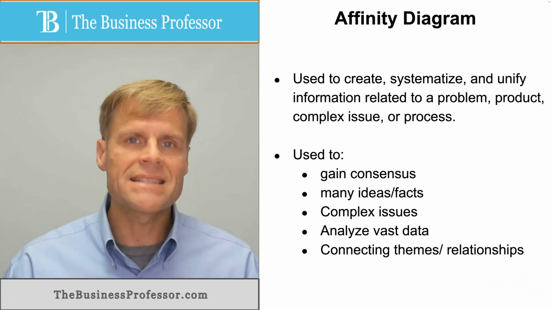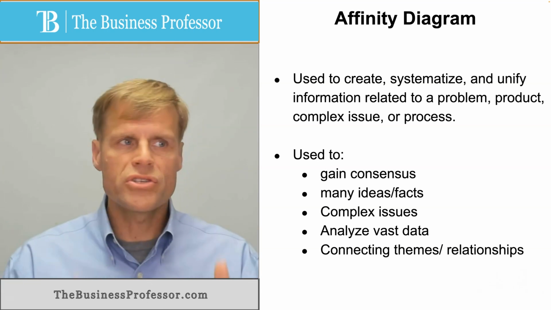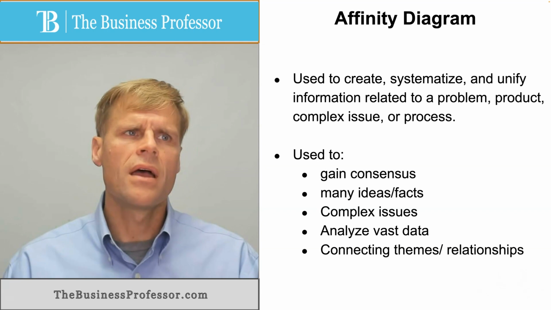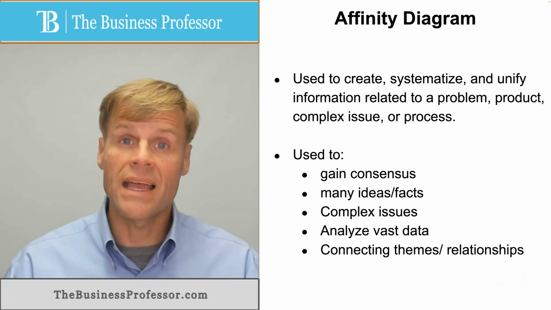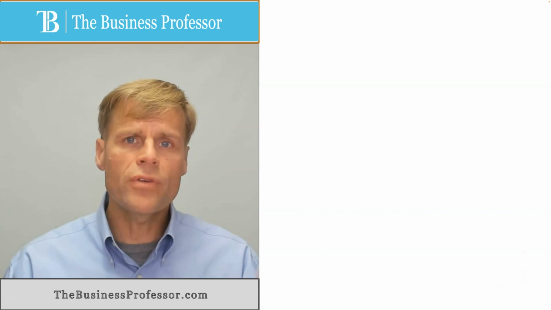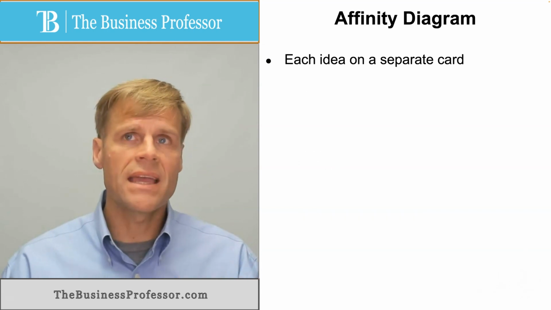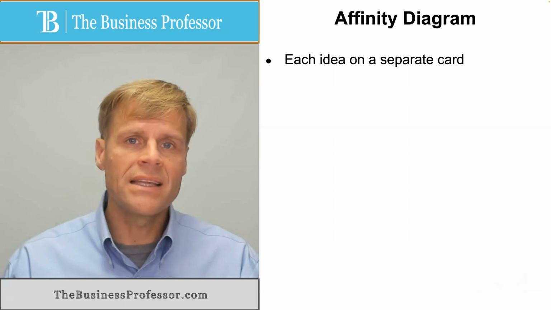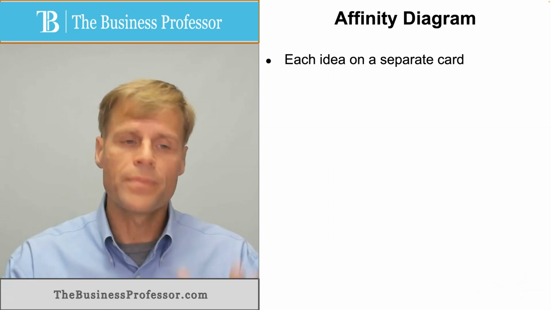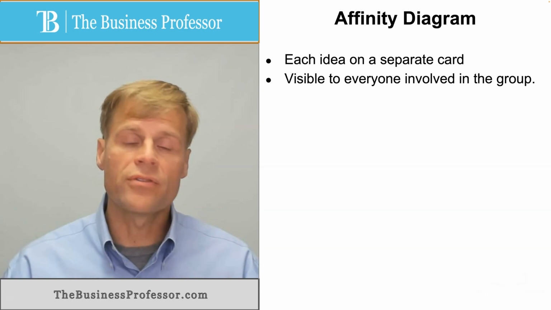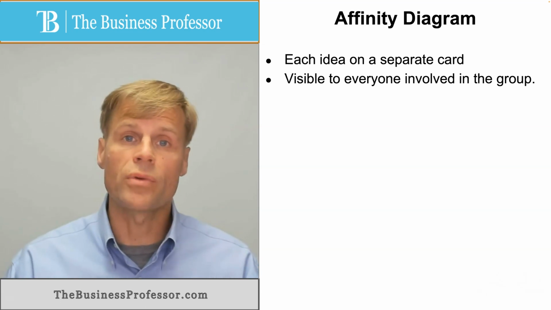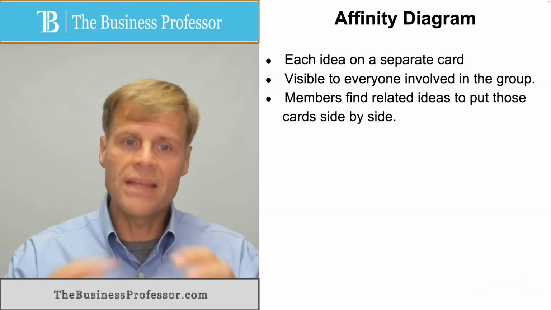So with that being said, there's a general approach, or there are several steps that are routinely used in creating an affinity diagram. So first off, a group gets together and you put each idea towards the solution of a problem on a card. And then you arrange these cards visibly out on a flat surface so they can be moved around and interconnected.